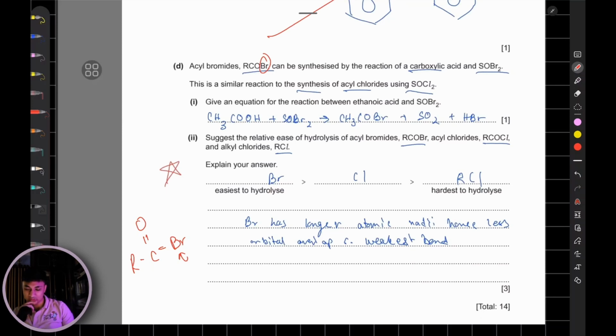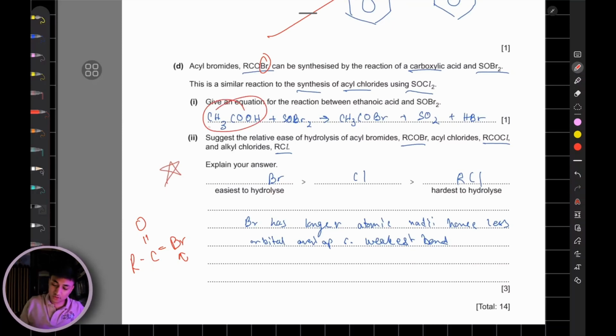Now, in case of producing RCOBr, they are saying it's similar to reacting carboxylic acid and SOBr2. So I considered PCl5. Now they're asking you to consider SOCl2 or SOBr2. That's going to be a similar reaction.